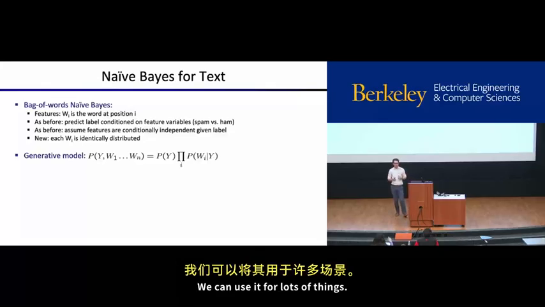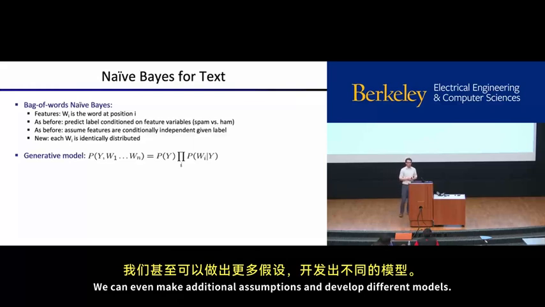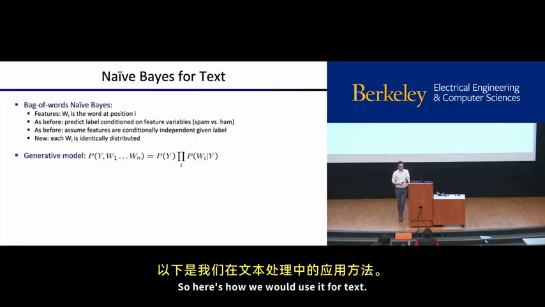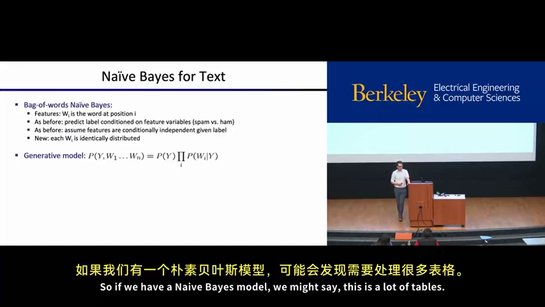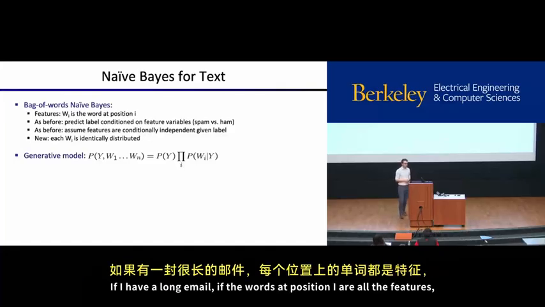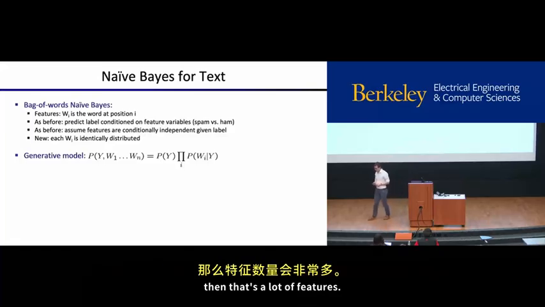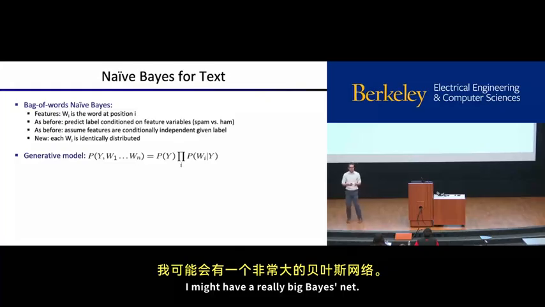We can use it for lots of things. We can even make additional assumptions and develop different models. So here's how we would use it for text. If we have a naive Bayes model, this is a lot of tables. If I have a long email, and the words at position i are all the features, then that's a lot of features. I might have a really big Bayes net.